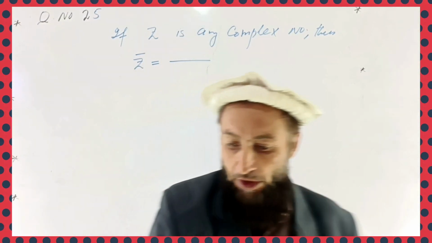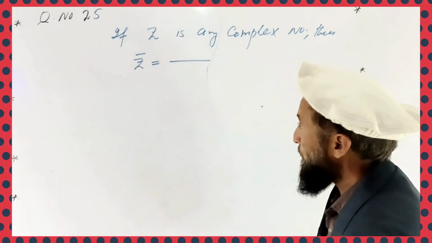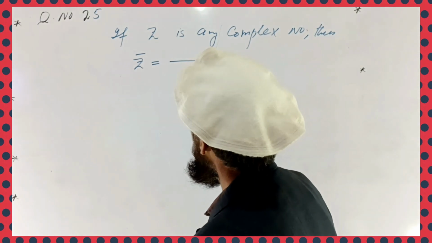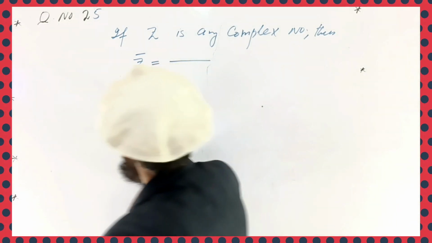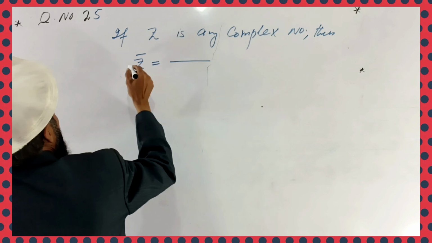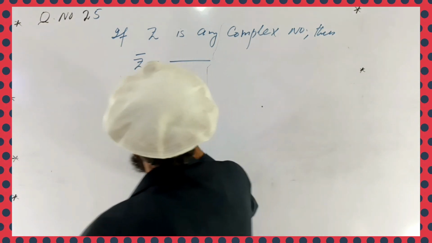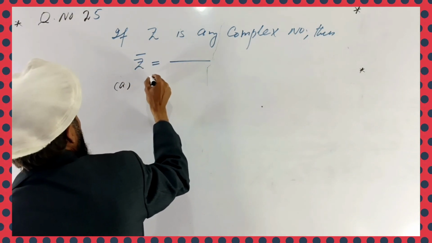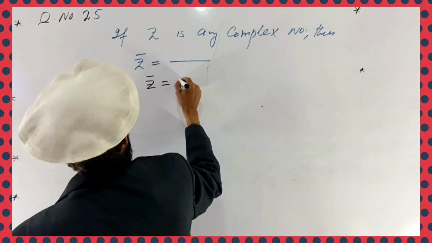We know the property that if z is a real number, then z bar is equal to z.